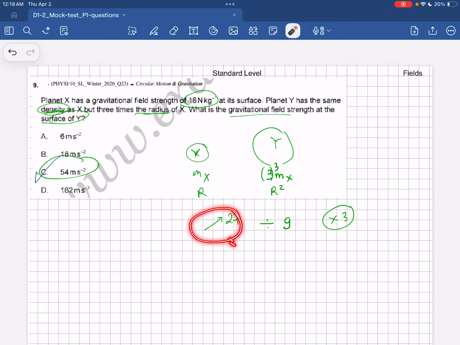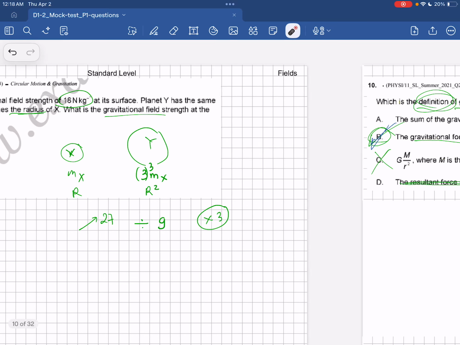So the gravitational field strength should increase by 27 times, but it also has a greater distance at the surface, so it will drop by 3 squared, 9 times. Multiply by 27 and decrease by 9, it should just increase by 3. So 3 times of this one, 18 times 3 is 54.